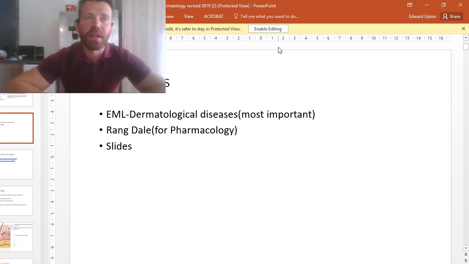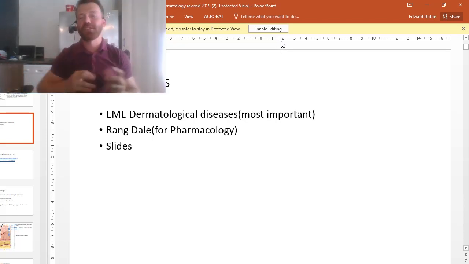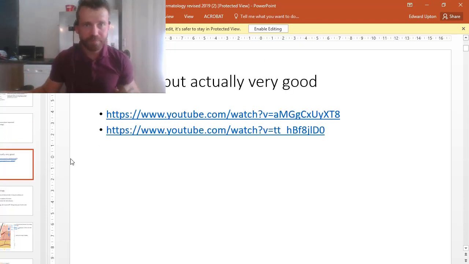A bit of atopic eczema is there, etc. But the Rangendale really doesn't cover a lot of the skin diseases or dermatoses. That's the right word for a skin disease that we actually see in South Africa. So I didn't use Rangendale itself solely. It's a bit limited for us. And of course, the slides itself. The slides itself would definitely help you a lot.